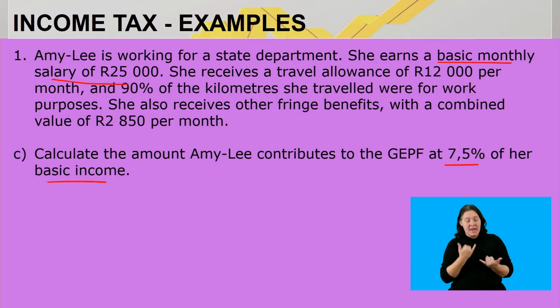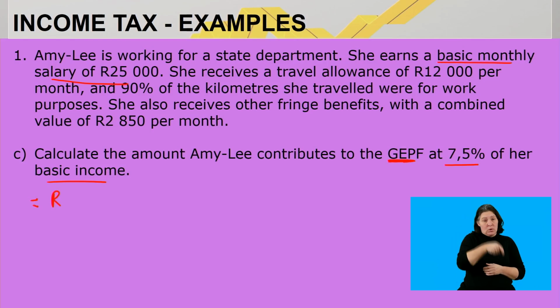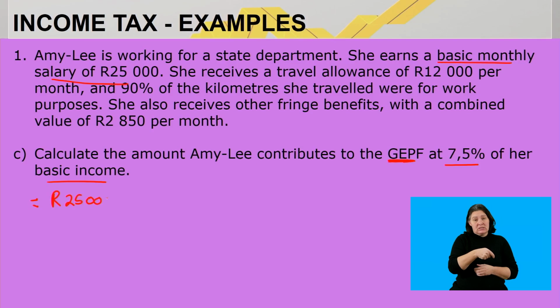Okay, so now we need to calculate then what is a contribution to the pension fund. So first of all, this question is not specific whether it's monthly or annually, right? So I'll start off by indicating it's 25,000 Rand multiplied by your 7.5%, right? So this will be on a monthly basis.